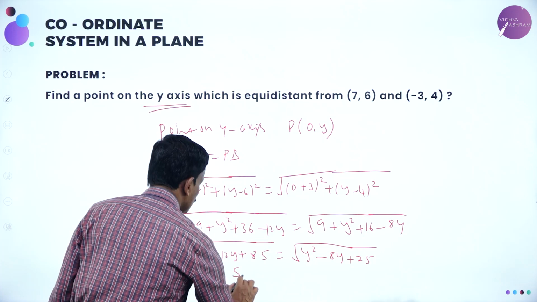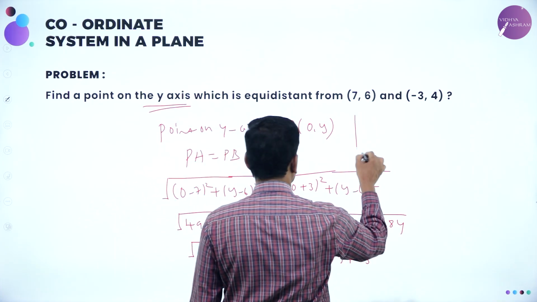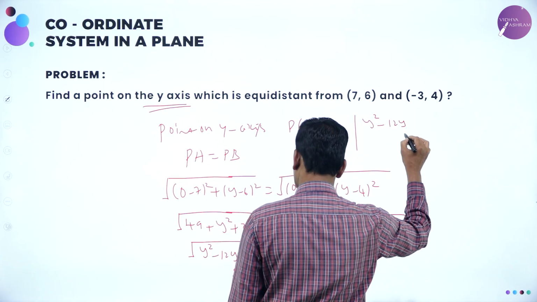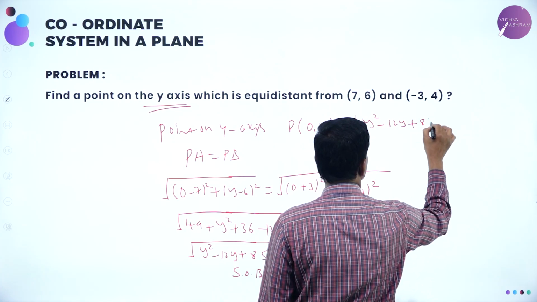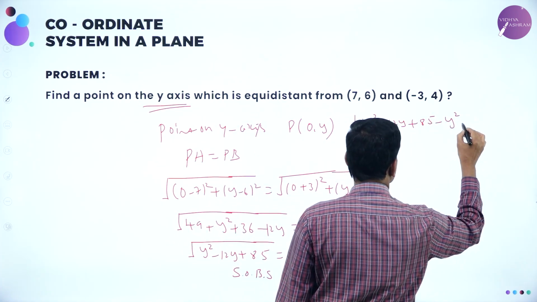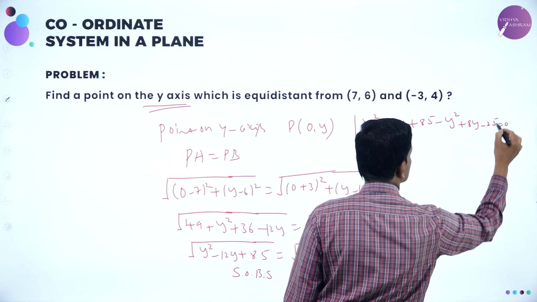Now this can be written as square root of y square minus 12y plus 36 plus 49, which is 85, is equal to root of y square minus 8y plus 16 plus 9, which is 25. Now squaring on both sides, the square root gets cancelled. What we will get? y square minus 12y plus 85, transfer this to the left hand side: minus y square plus 8y minus 25 is equal to 0.